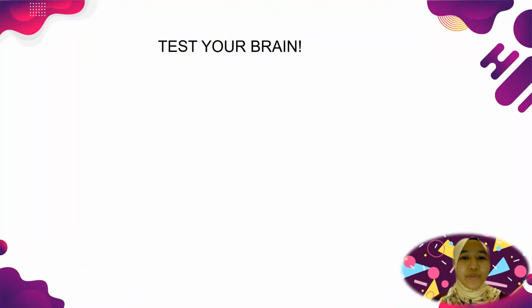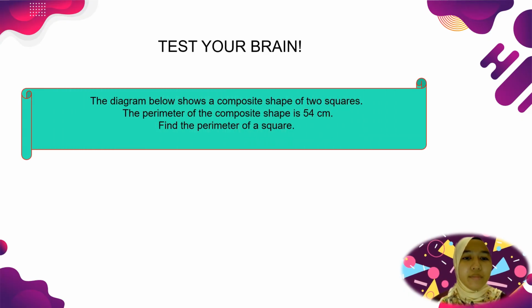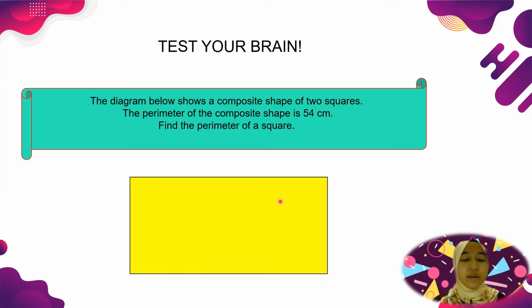Let's test your brain. The diagram below shows a composite shape of 2 squares. The perimeter of the composite shape is 54 cm. Find the perimeter of a square. Here's the diagram.